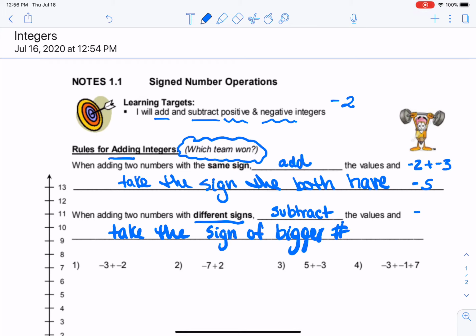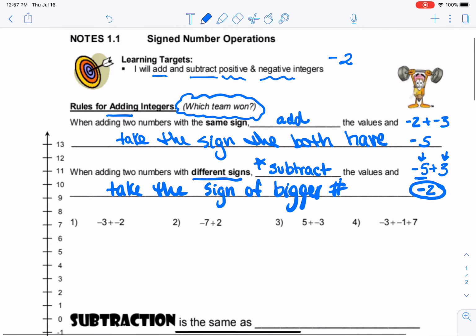If I have -5 plus 3, the positives and negatives are having a competition. This number 5 is bigger, so that means my answer has to be negative because the negative team won. And my rule says I'm going to subtract those two numbers. What's 5 minus 3? My answer is -2. So the negative team had 5 points, the positive team had 3 points, the negative team wins by 2 points. If you play Bingo or anything like that, it's kind of like a competition.